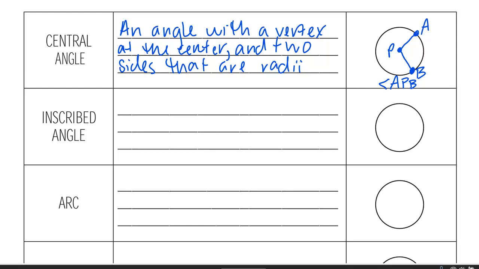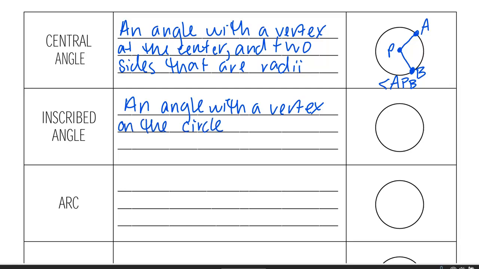All right, an inscribed angle is an angle with a vertex on the circle. This is different than a central angle because a central angle has its vertex in the center, and an inscribed angle has a vertex that's on the circle.